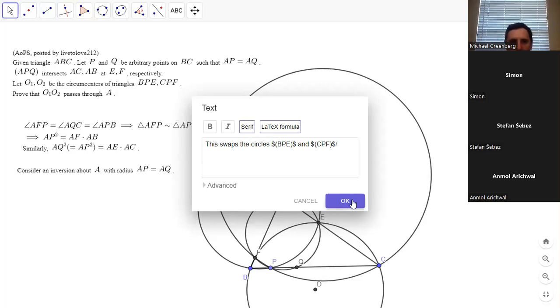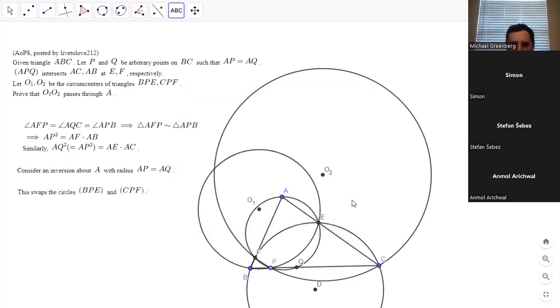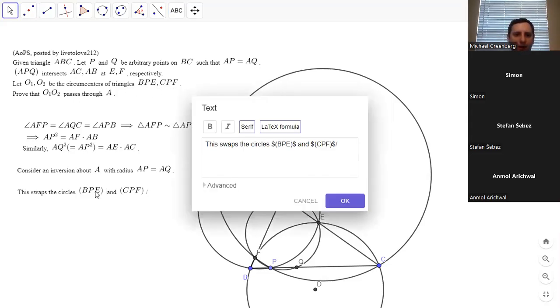So does point Q just go away? It's just there for us to show AP squared is AF times AB. For some reason I thought the problem was symmetric with respect to P and Q, but it's not, because these are both for P. So you're right.